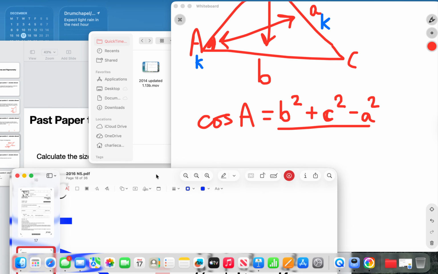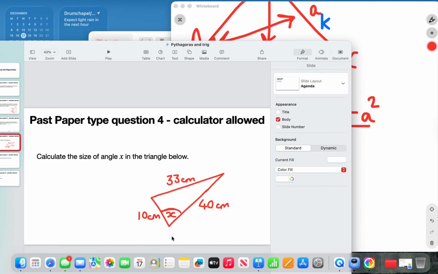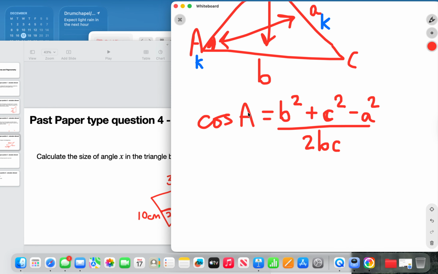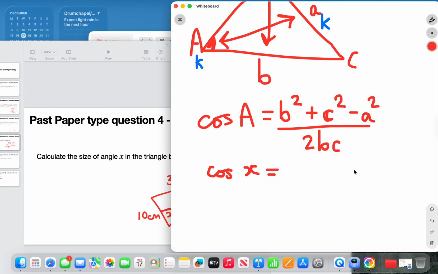But we then substitute. So X is the angle capital A, and the side A has to be opposite that angle. So that would be 33. B and C can be any of the others as long as we are consistent.